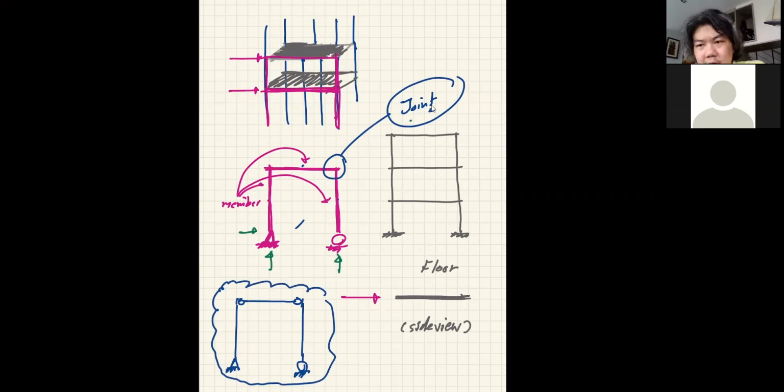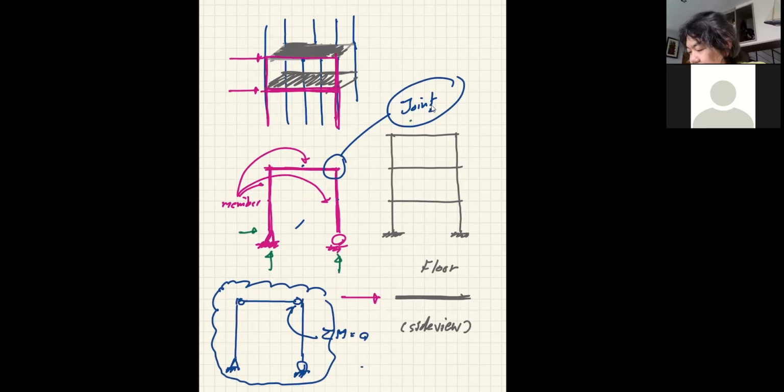Because you have learned from Ajahn Julaput's class that when you have the hinge, that's when you have the extra equation, sigma moment equal to 0, correct? Because this structure is determinate, the degree of redundancy, the number of unknowns, is 0, because you can solve it.